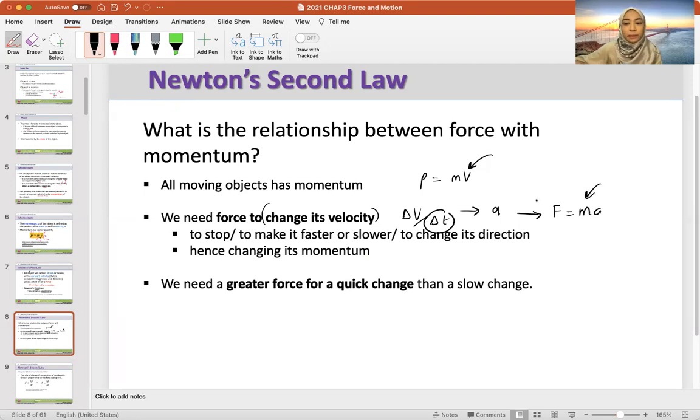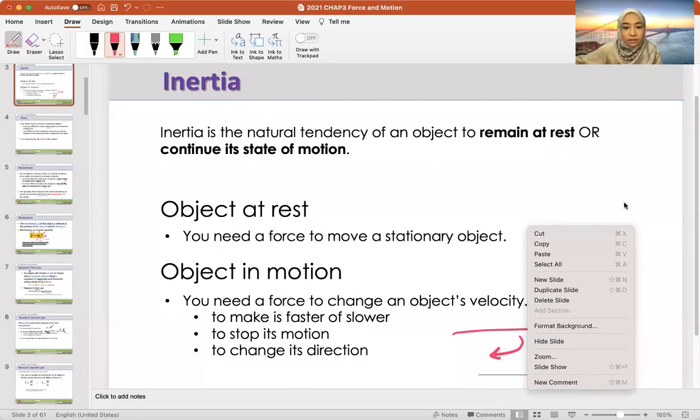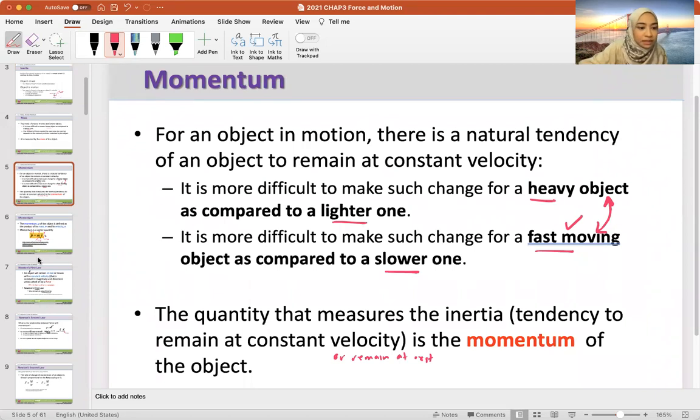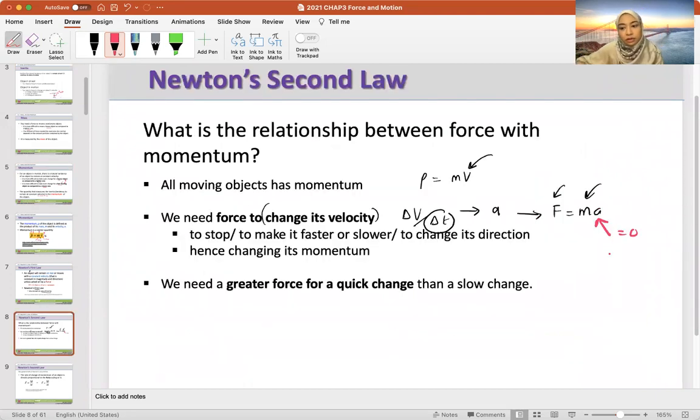So the change in velocity over the change in time gives us acceleration. Force is equal to ma. Therefore, you will have force when you have acceleration. When your acceleration equals 0, that means your change in v is also equal to 0. Then there's no change in velocity.